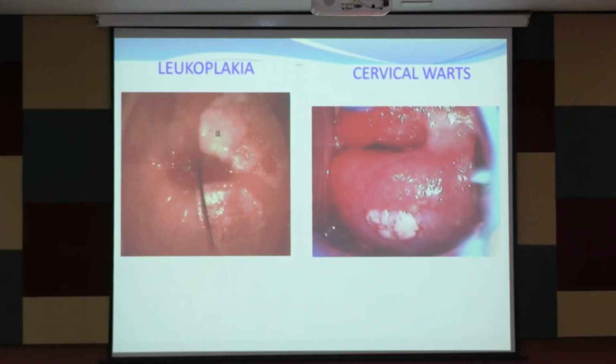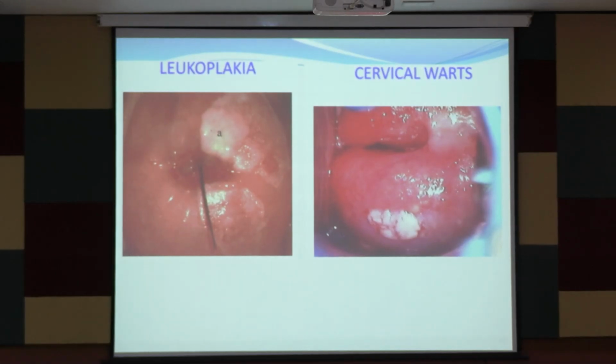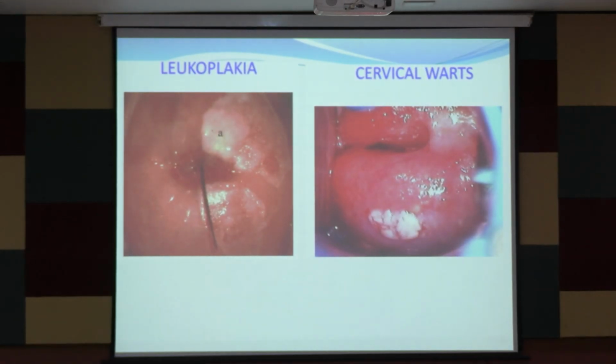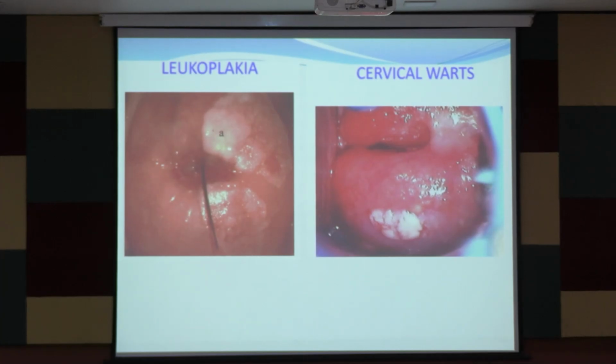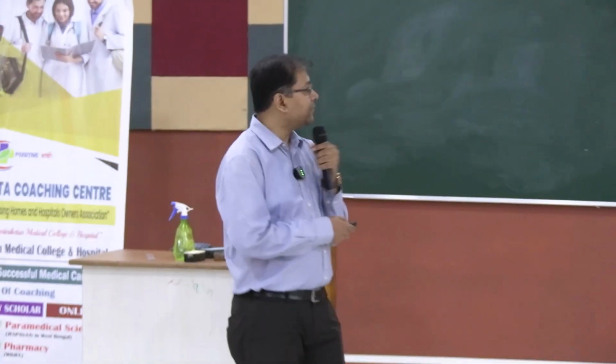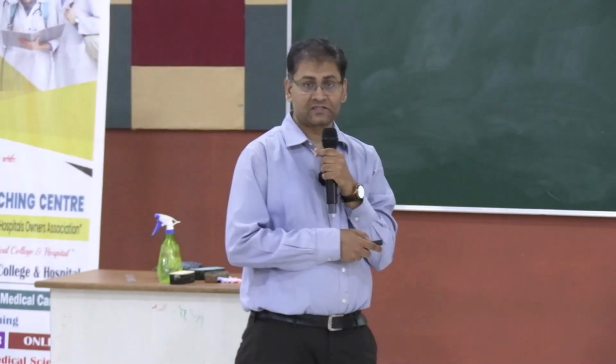Somebody may ask you, suppose you are examining the cervix, you have not yet applied acetic acid, and you find white lesions already present. What can they be? They can be a condition known as leukoplakia. Leukoplakia by itself is not malignant or premalignant, but it may hide areas of abnormality.